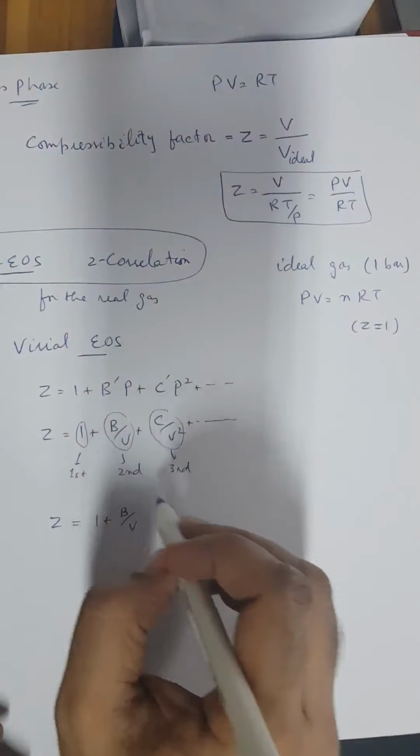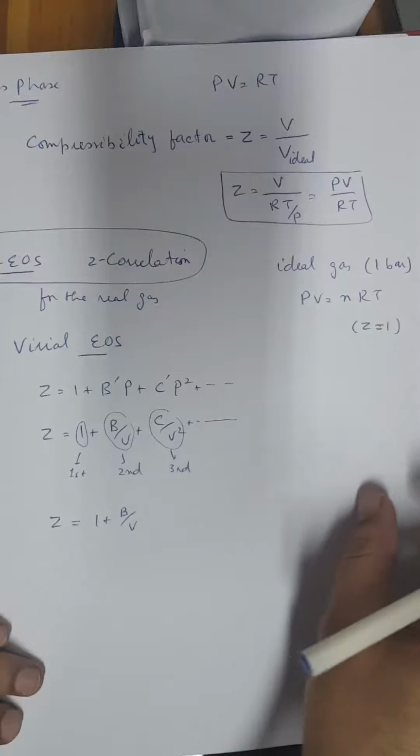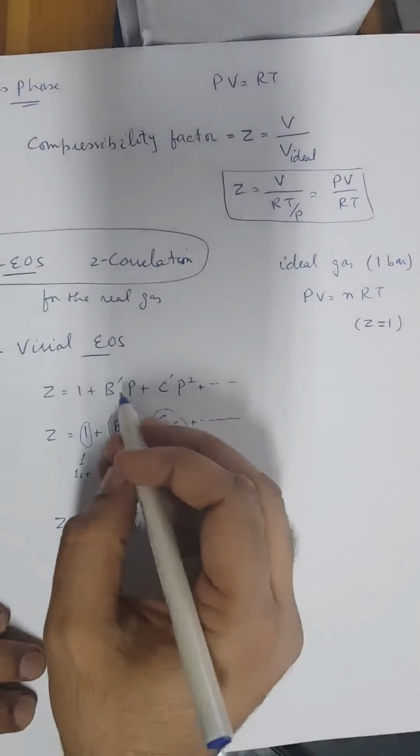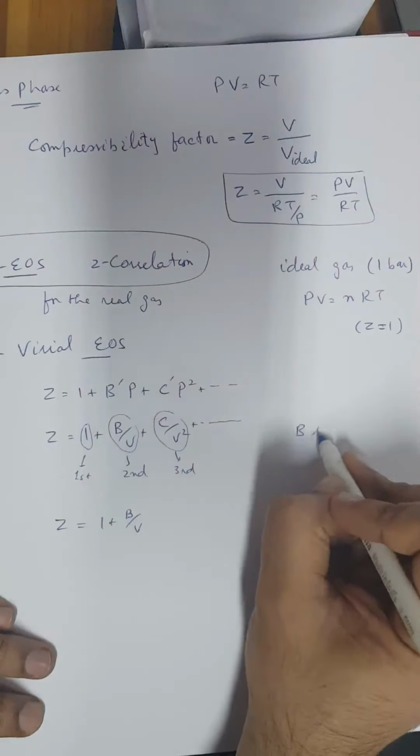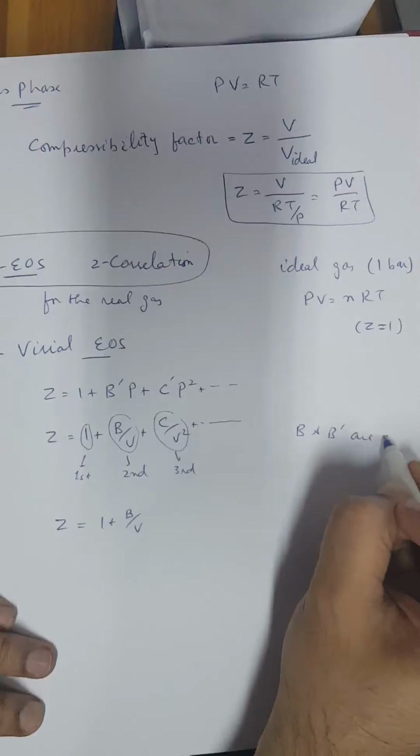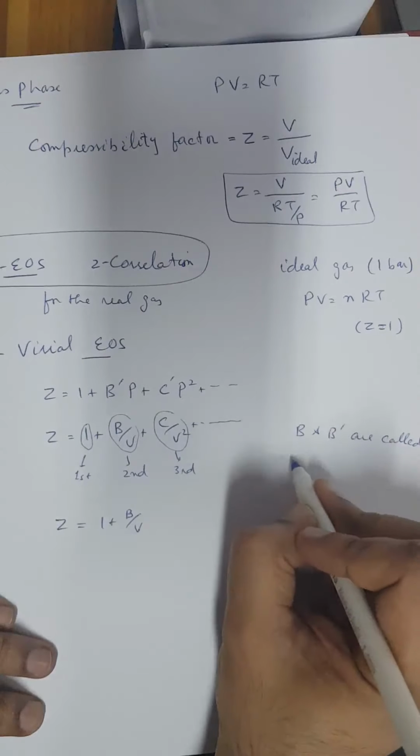So you see here, this B and B dash are called the second virial coefficient.